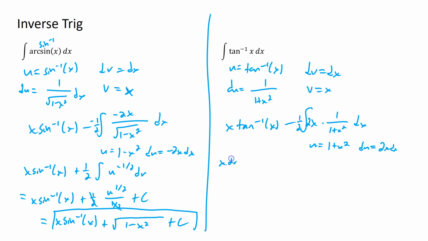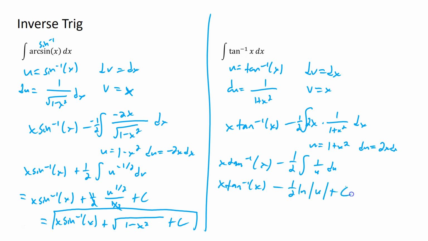So we've got x tan inverse x minus 1/2 integral. The 2x dx turns into my du, which gives 1 over u du. The antiderivative of 1 over u is natural log. So we have x tan inverse of x minus 1/2 ln absolute value of u plus c. And u is 1 plus x squared, which is always positive, so I don't need the absolute values. So we have x tan inverse of x minus 1/2 ln of 1 plus x squared plus c. There it is.